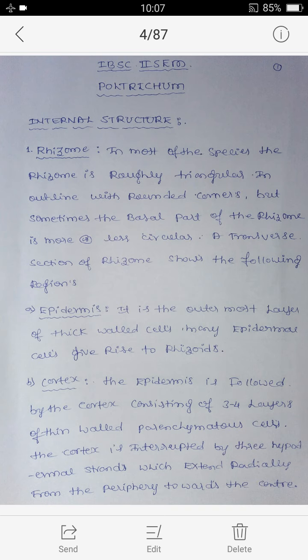Cortex. The epidermis is followed by the cortex consisting of 3 to 4 layers of thin walled parenchymatous cells. The cortex is interrupted by 3 hypodermal strands which extend radially from the periphery towards the center.